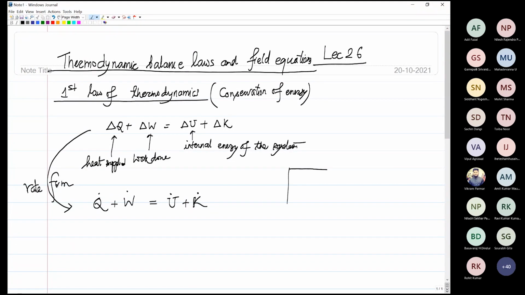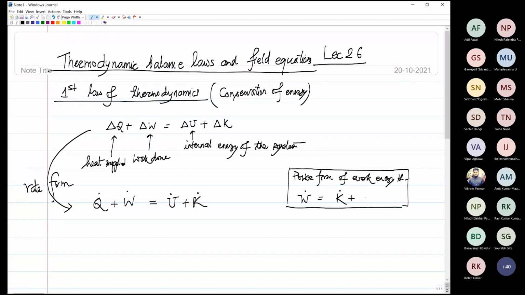You recall that in the last class, we worked out the power form of the work-energy theorem. What we had seen is that the work done, W dot, is equal to K dot plus some stress power.